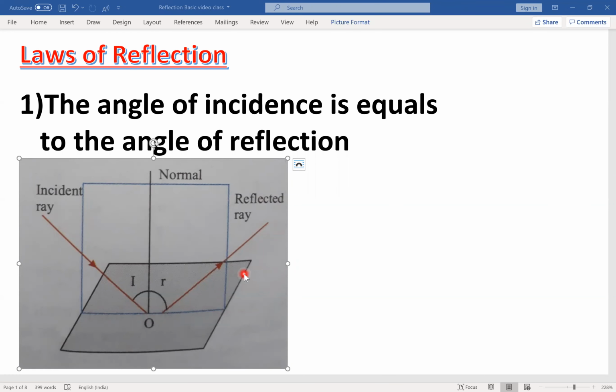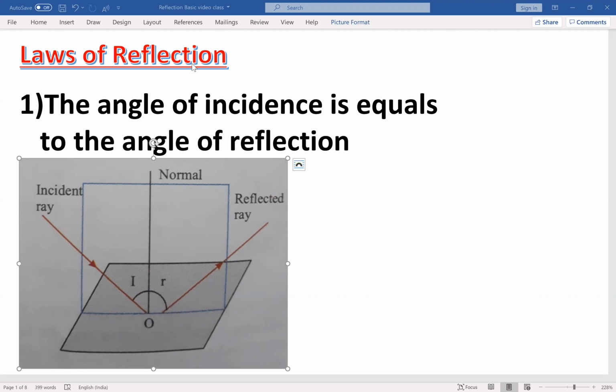So with this knowledge, let me go to the laws of reflection. The first law of reflection is as follows. The angle of incidence is equal to the angle of reflection. What does it mean?